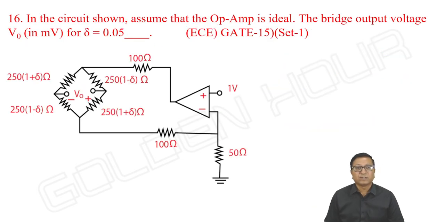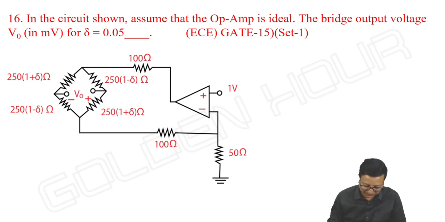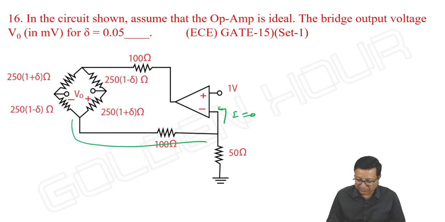Next. In the circuit shown, assuming that the op amp is ideal, what is the bridge output voltage in millivolts for delta equal to 0.05? If you observe this circuit, no current flows like this, which means whatever current comes from this direction, the entire current goes like this only.